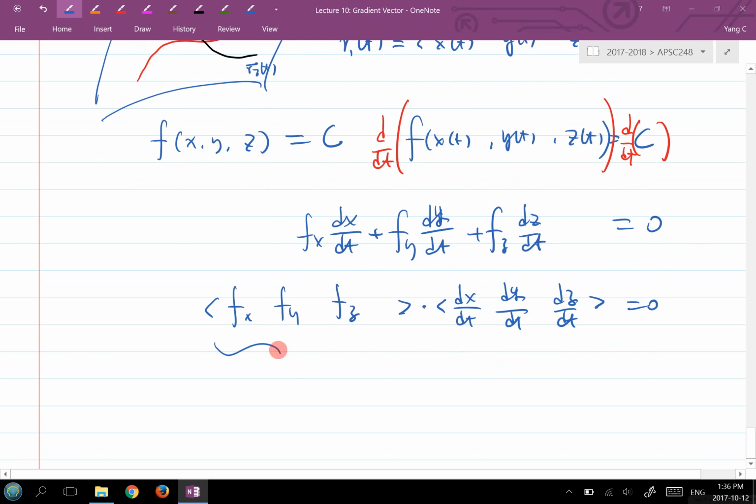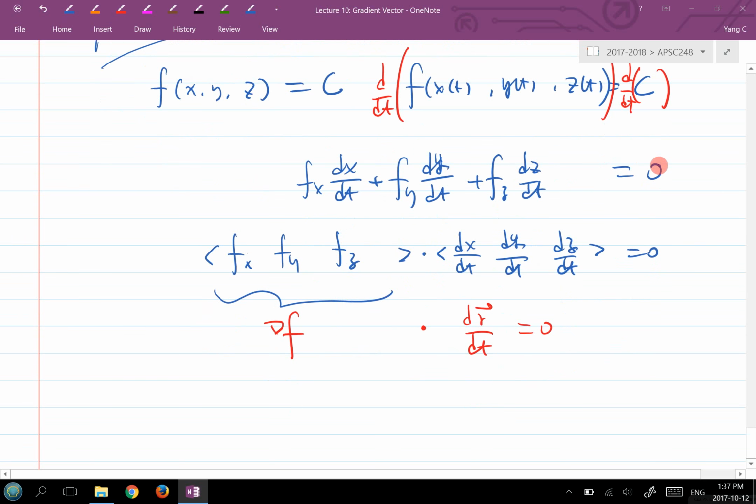First vector is basically the gradient, del f. Second vector is basically the dr over dt, right? Equal to 0. So dot product 0 meaning the gradient is perpendicular to the tangent vector for this parametric equation.